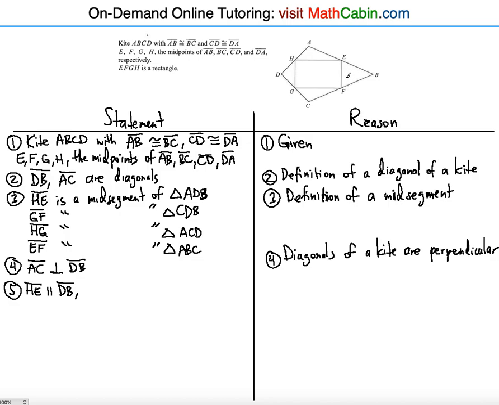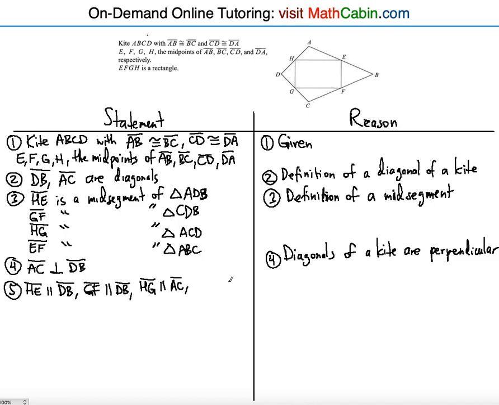The next one is, let's use GF, the opposite one. GF is parallel to, so this segment represents triangle what? CDB. So it's parallel to the third side of the triangle, DB. Next one we have HG. This mid-segment represents triangle ACD, so it's parallel to side AC.